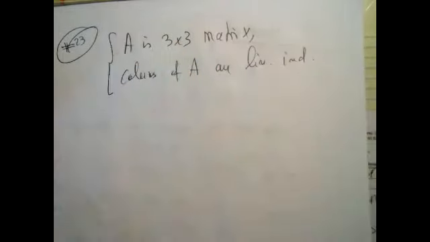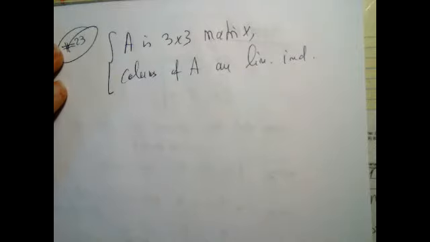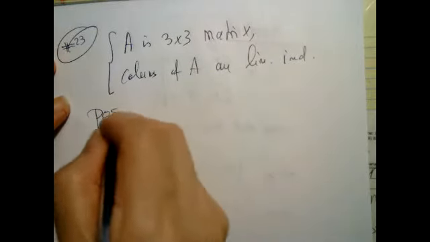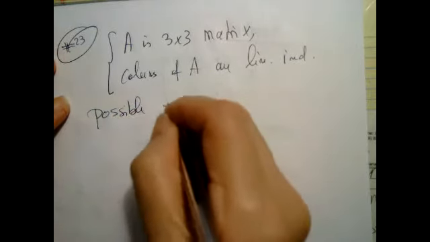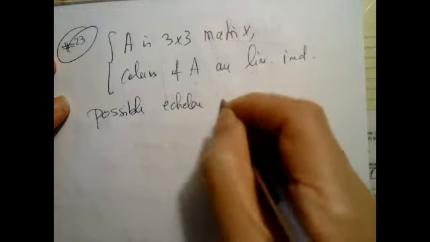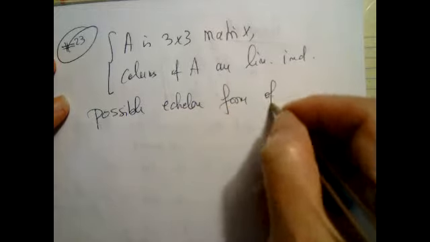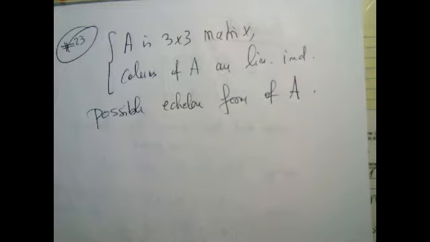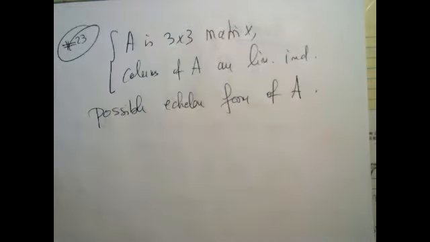So this is what I know. And the question is to describe the possible echelon form of A. So A is a 3 by 3 matrix.